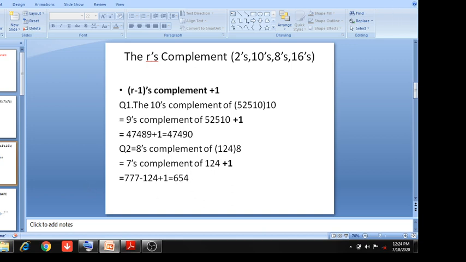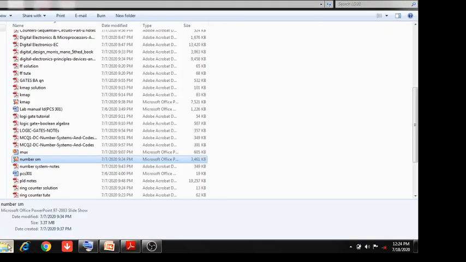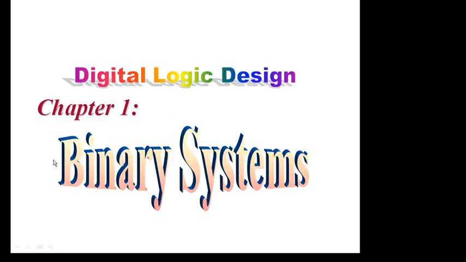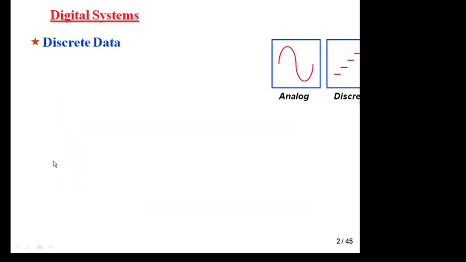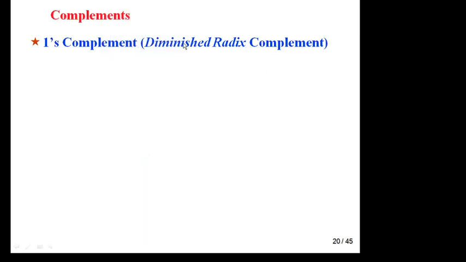Okay, now come to this PPT, the number system PPT. Directly I am going to 1's complement. This is your 1's complement: all 0s become 1s and all 1s become 0s. Means to determine the 1's complement, either subtract every digit from 1 or just change 0 to 1 and 1 to 0.